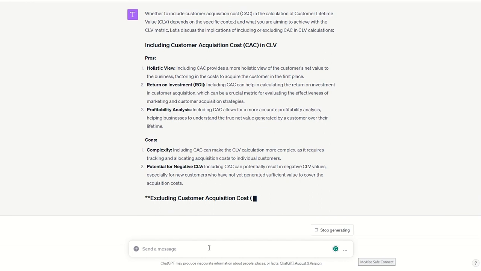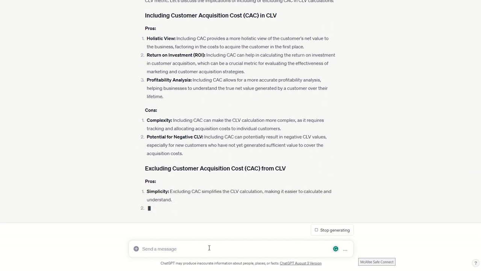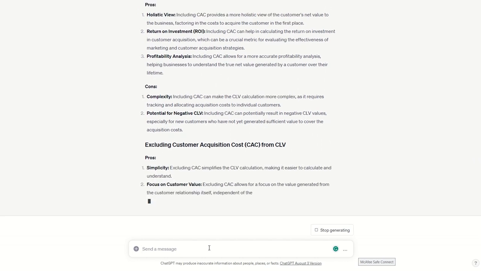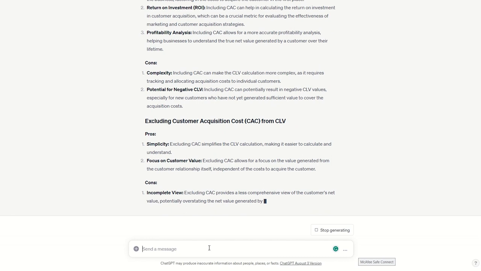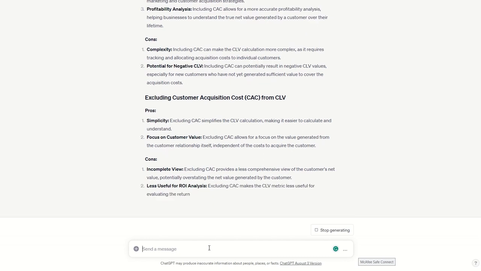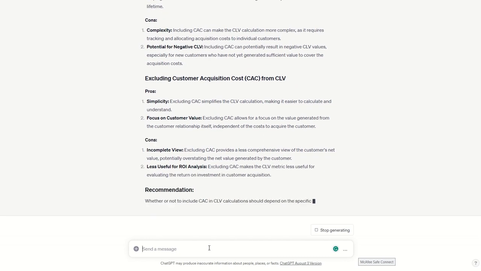It really doesn't want to be held to a certain answer. Well, could be. Depends on the use case, and here are the pros and the cons.